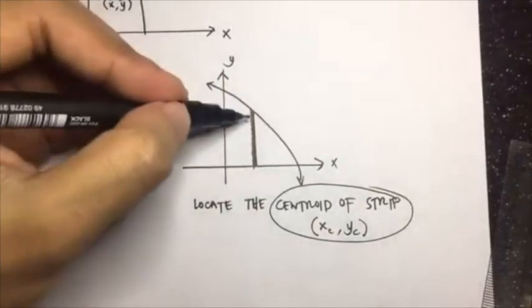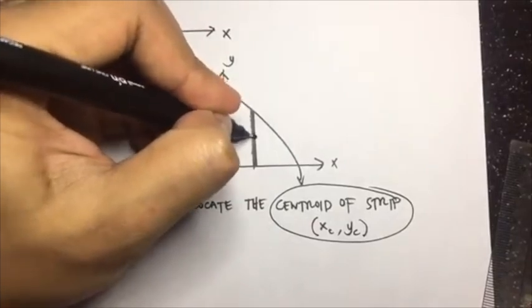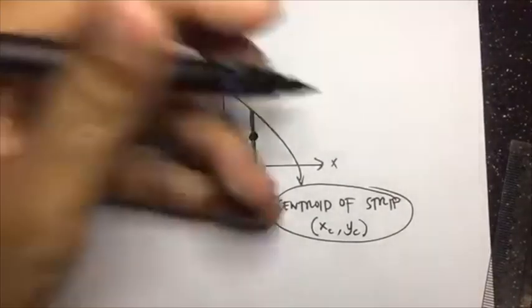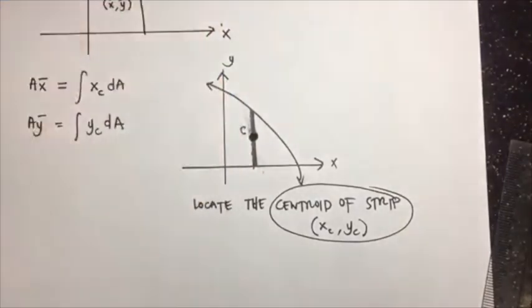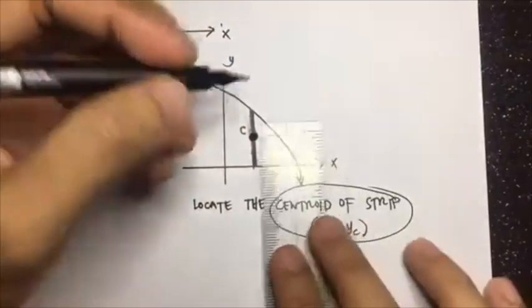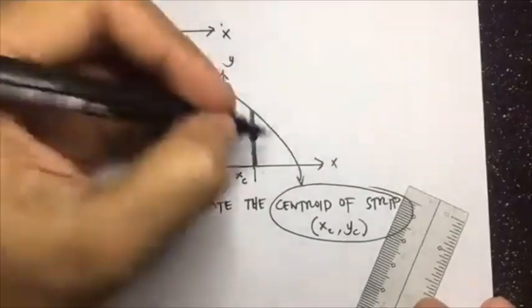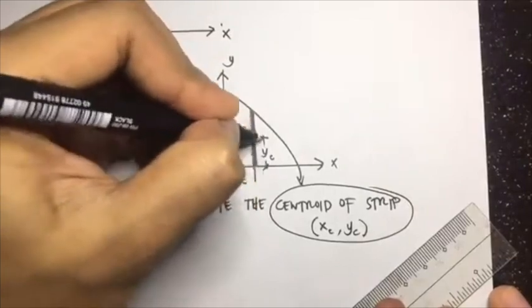Again, when using a vertical strip, then its centroid must be in here. In this point, let's make the point larger, let's call that c. Its centroid will be at xc and this is yc.